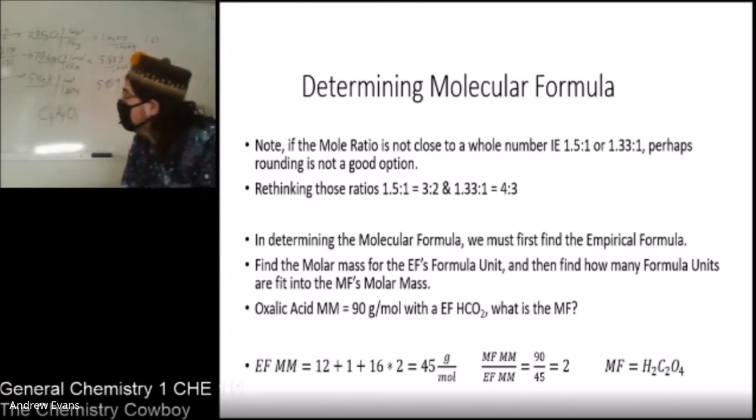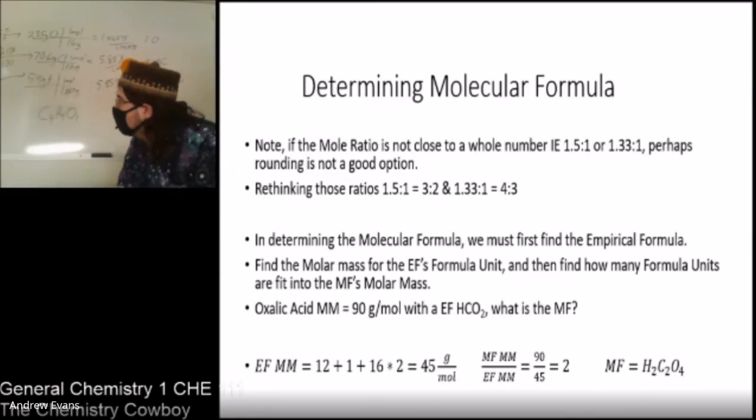So be careful. Don't just round willy-nilly. Sometimes there is a small amount of error if you are using real data. If you got a 1.1 to 1 ratio, that's maybe within reason. A, say, 4.9-to-1 ratio, I can maybe round that up to 5. But if it's like 1.75 to 1, it's getting a little bit farther away. That might be an actual fraction.